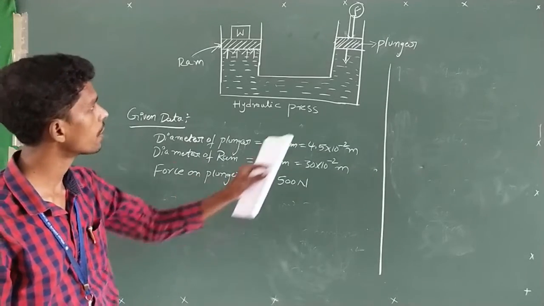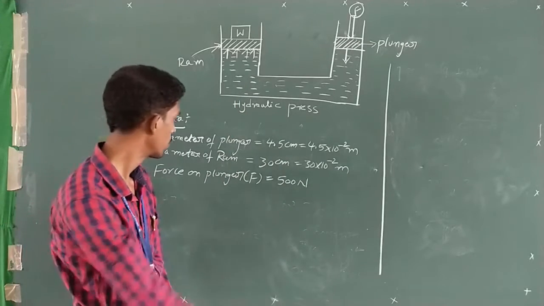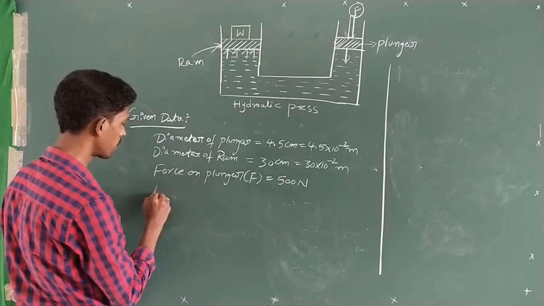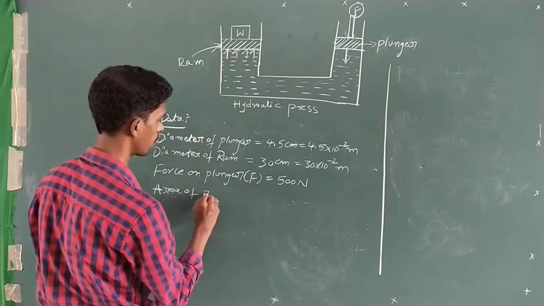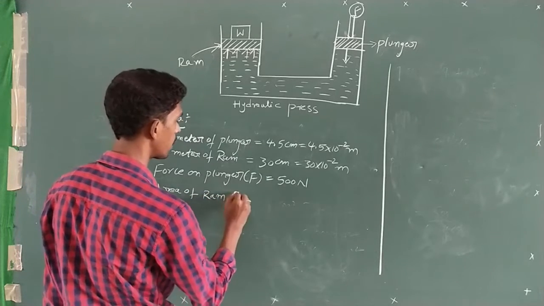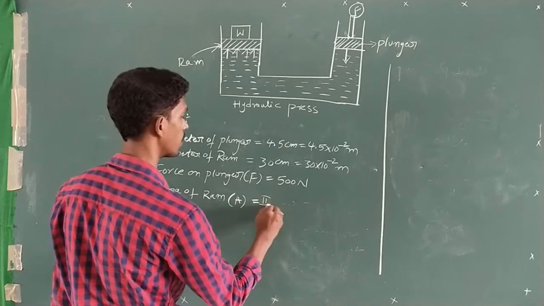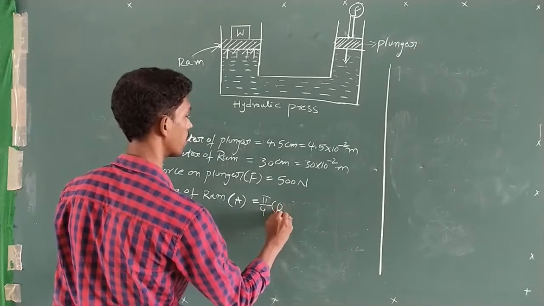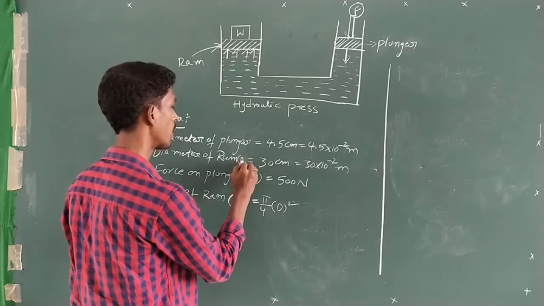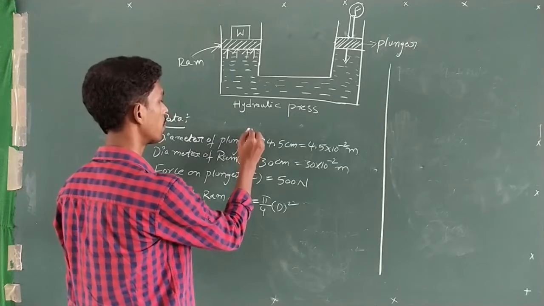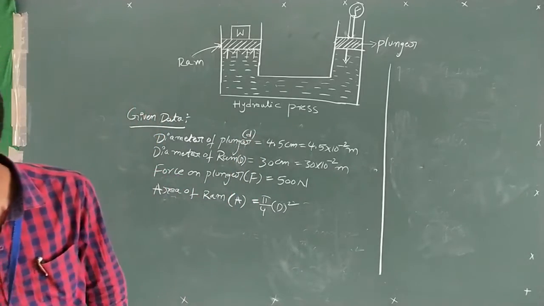Diameters given, force given, so find out the areas. The piston and ram are circular in cross section, so find out the cross sectional areas. Area of ram, let it be capital A. The formula is pi by 4 into d square. The diameter of the ram is capital D and the diameter of the plunger is small d.